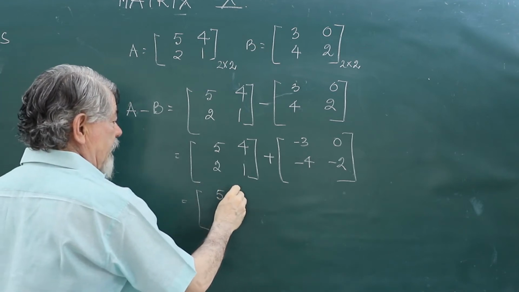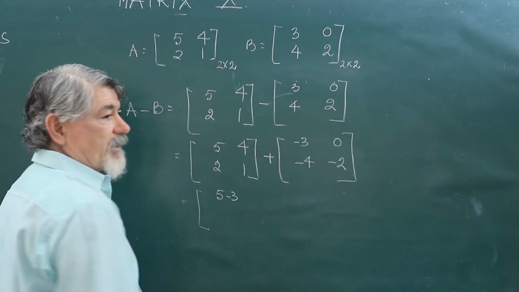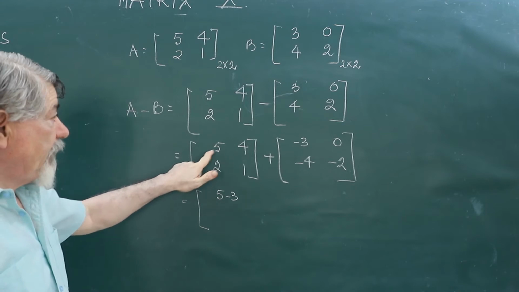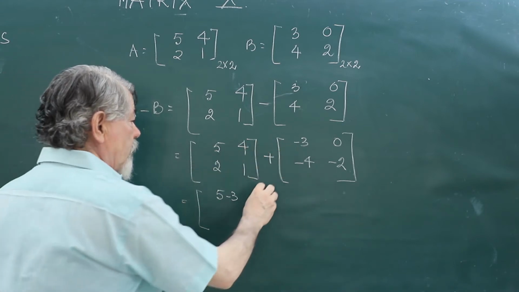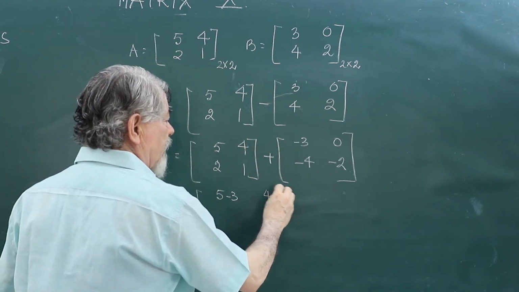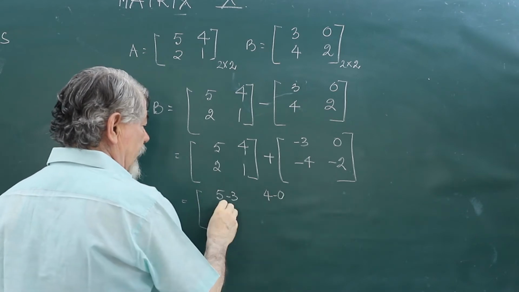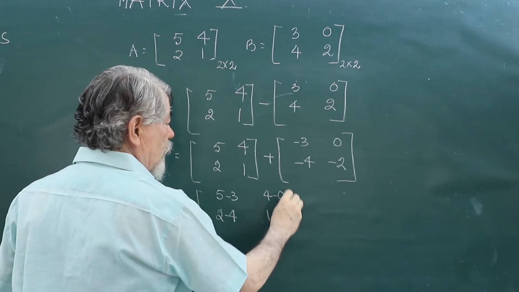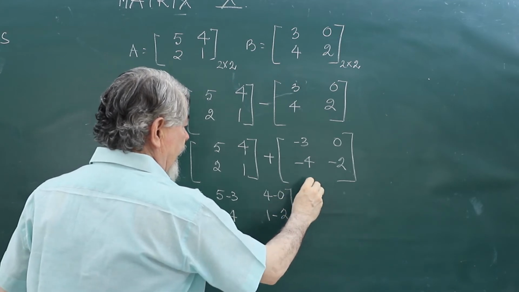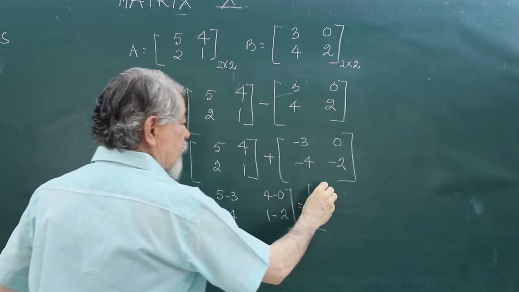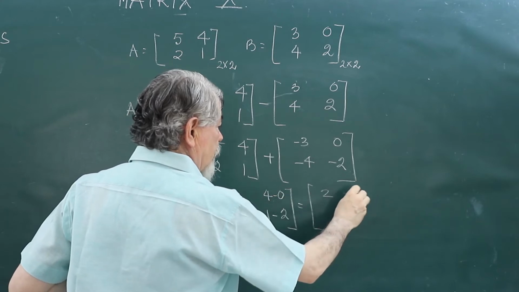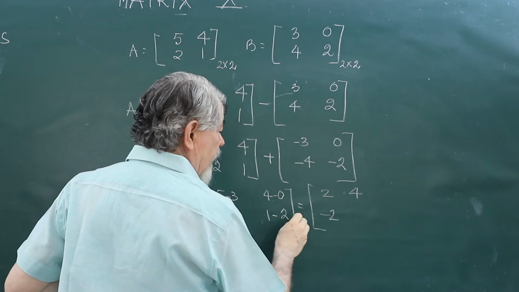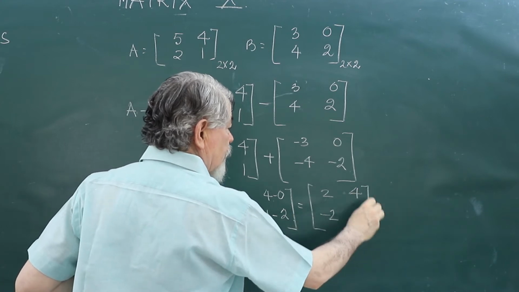Corresponding elements are added with the signs. 5 minus 3, 4 minus 0, 2 minus 4, and 1 minus 2. So what I get is 5 minus 3 is 2, 4 minus 0 is 4, 2 minus 4 is minus 2, 1 minus 2 is minus 1.